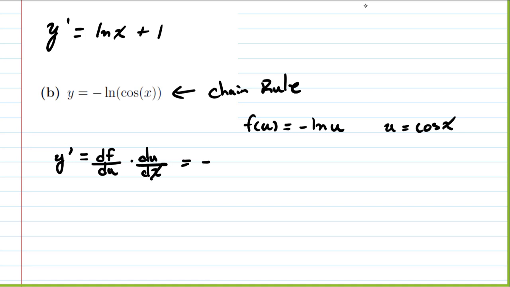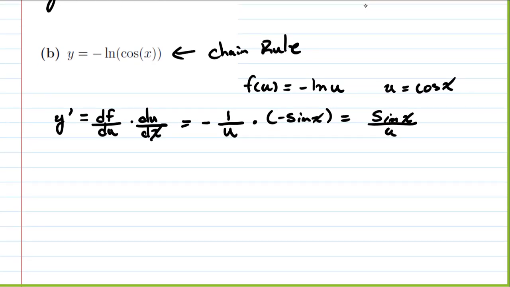So then we're going to have negative, and the derivative of the natural logarithm of u is 1 over u, times the derivative of the cosine of x, du dx, which is going to be negative sine x. Negative negative makes it positive, so we get sine x over u.